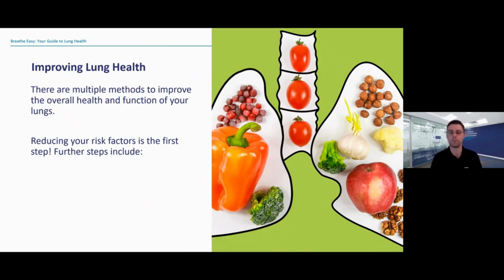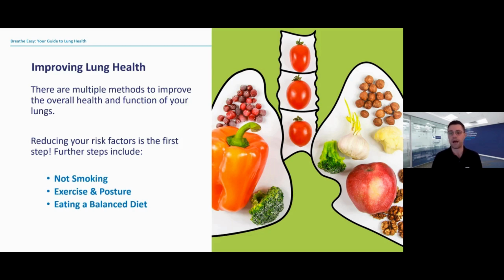So step one to improving your lung health and your lung function is to reduce the risk factors the best you can. This will help you in the long term. And there are more steps that we can actively take, especially as we age. We've got 3 steps that I'm going to go through here.